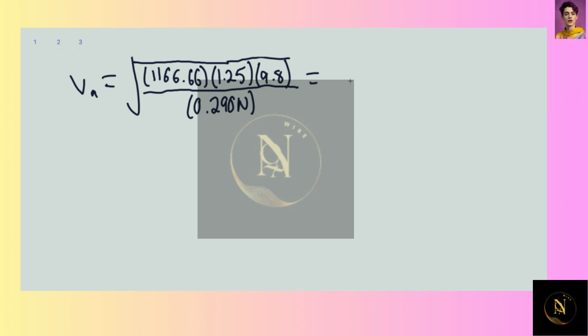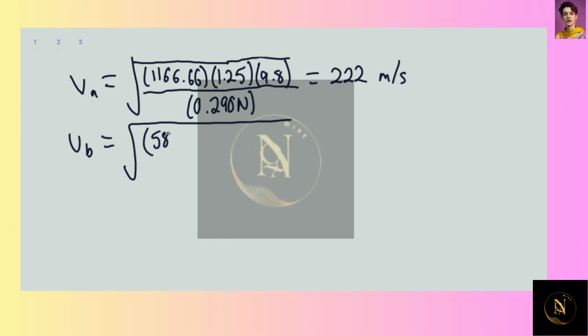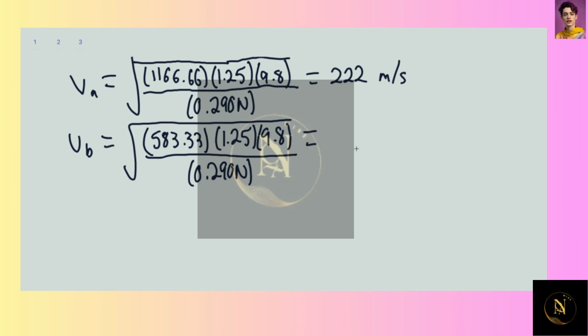This gives a velocity of approximately 222 meters per second. The velocity in wire B is 583.33 newtons times the length of the wire. Both of these wires have the same length and the same weight. Times the acceleration due to gravity, all divided by 0.290 newtons. This equals 157 meters per second.